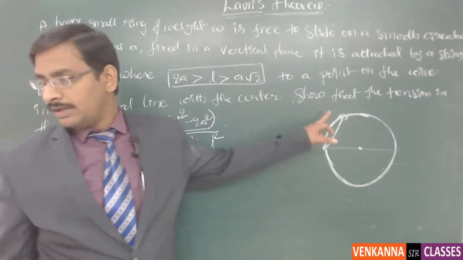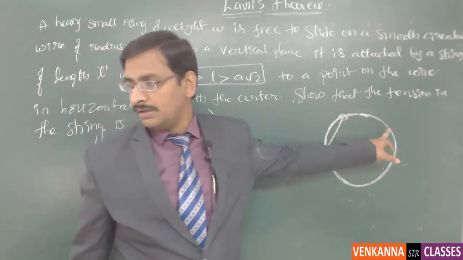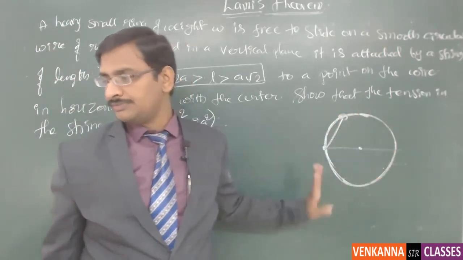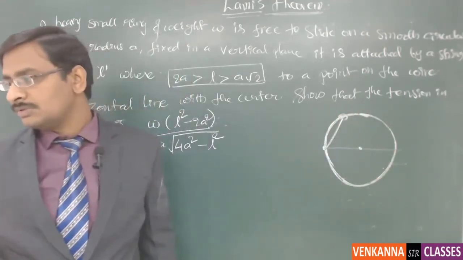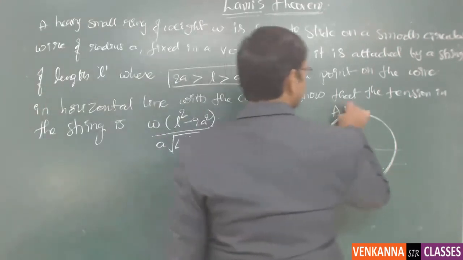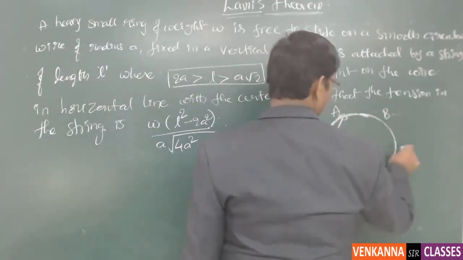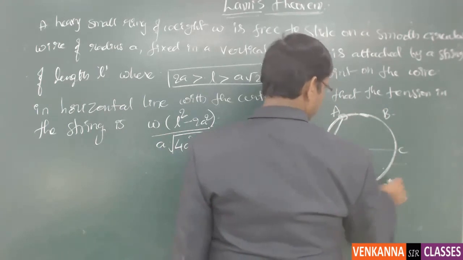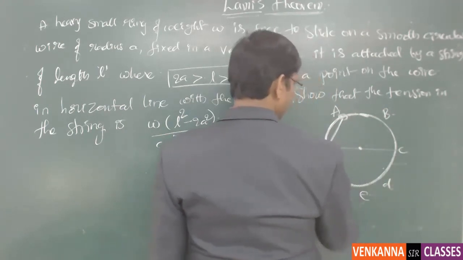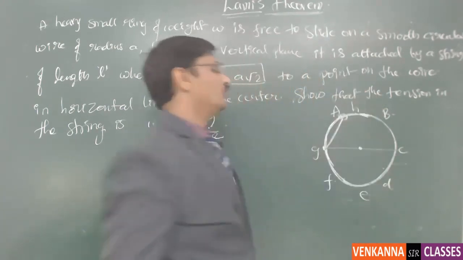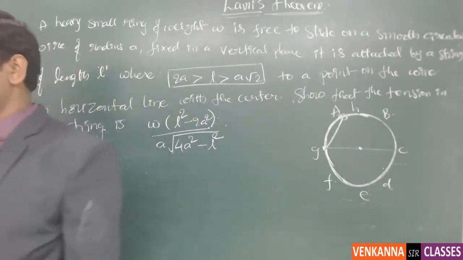Should I draw here, here or here? So I'll name it: this is A, this is B, and this is C, and this is D, E, F, G, H. So where should I draw that string?